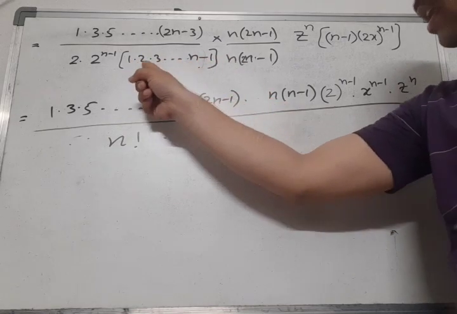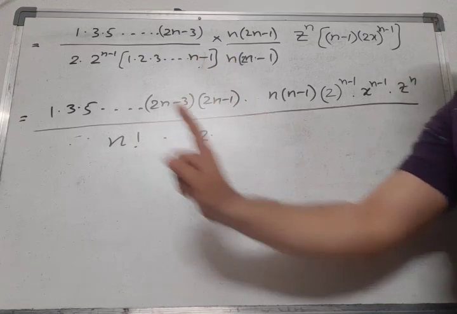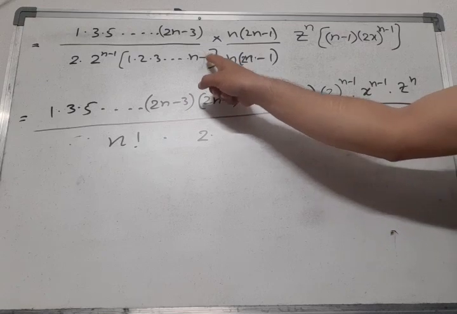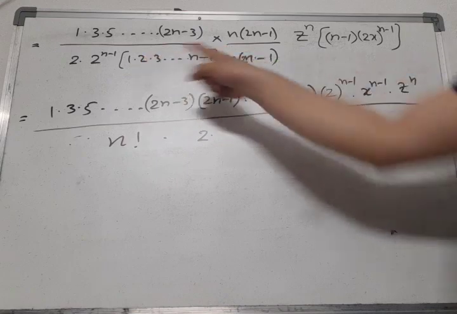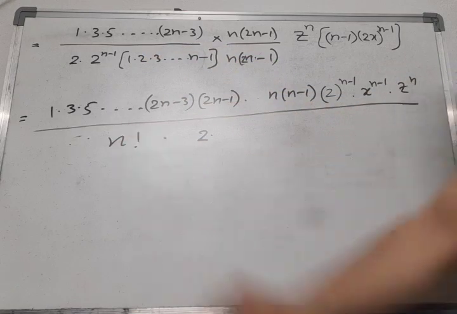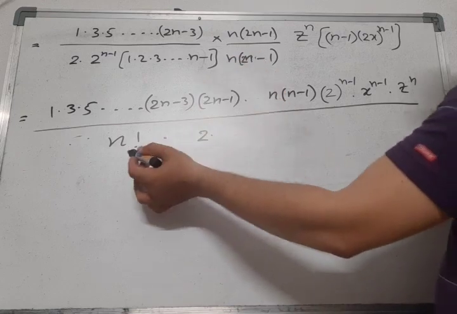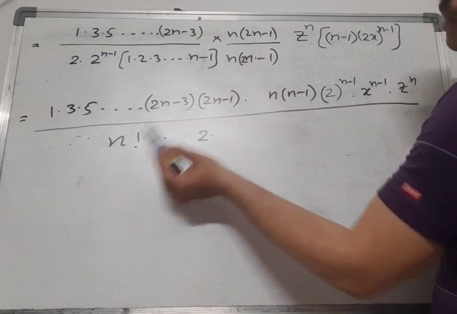So what I will get, 1 into 2 into 3, n minus 1 into n will be there. Then it will become n factorial. When I club this n with this one, I multiply this n with n minus 1, then it becomes complete 1 to n. So now I can write n factorial. So that's why n vanishing over in the next step. Directly you will get n factorial. You are multiplying this n with this n minus 1. We will get n factorial.